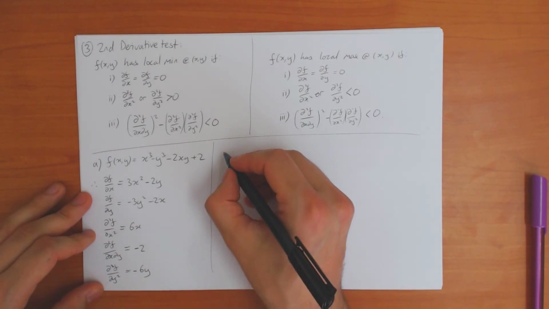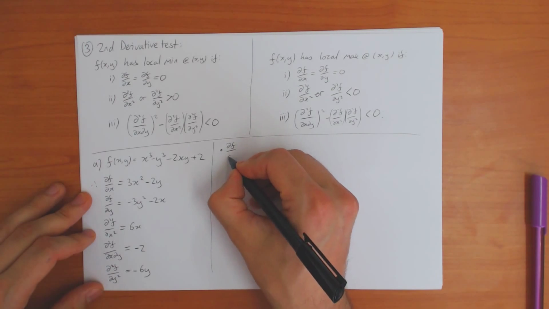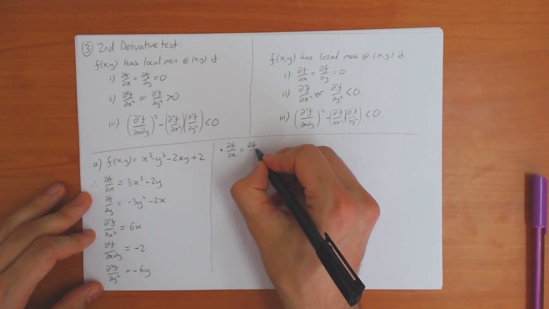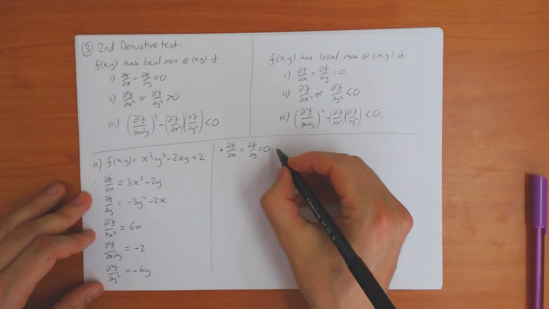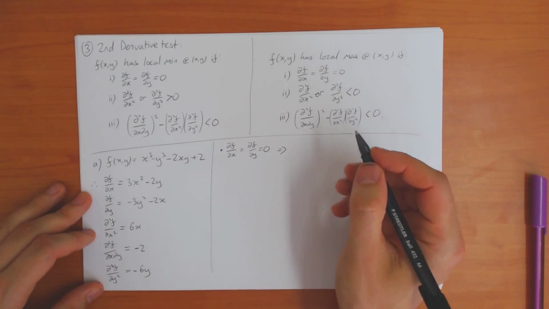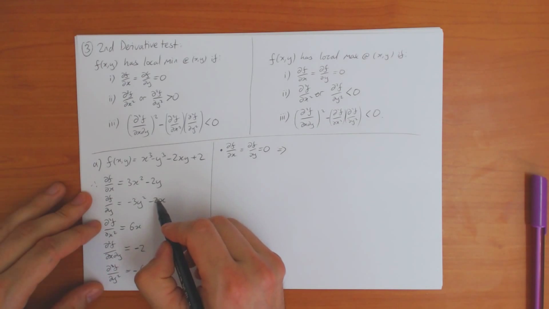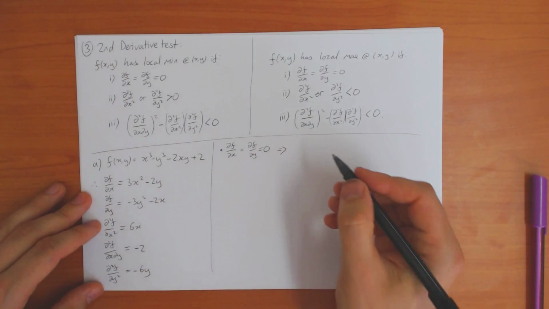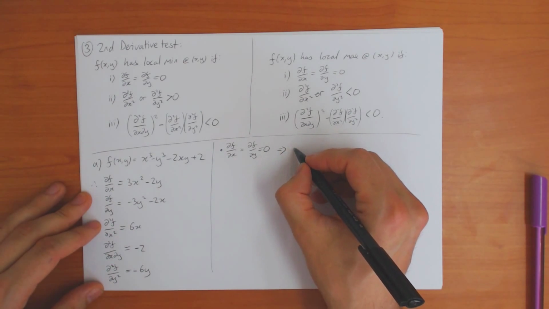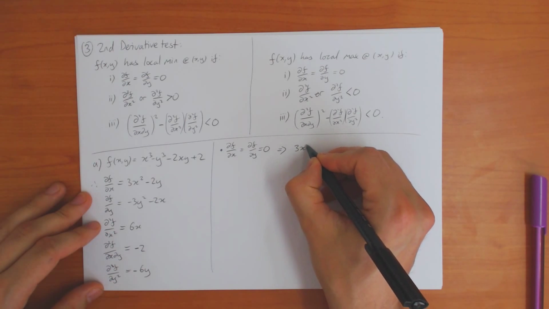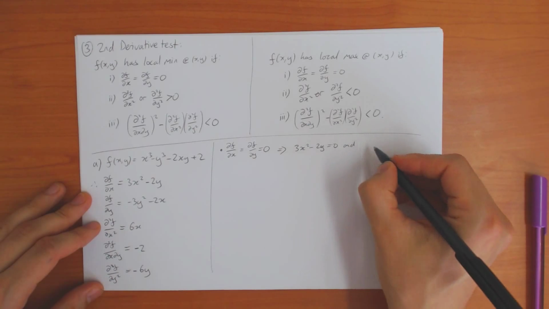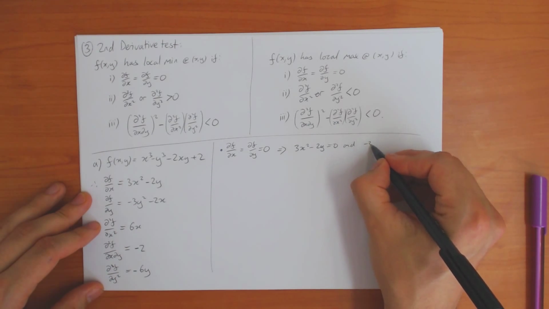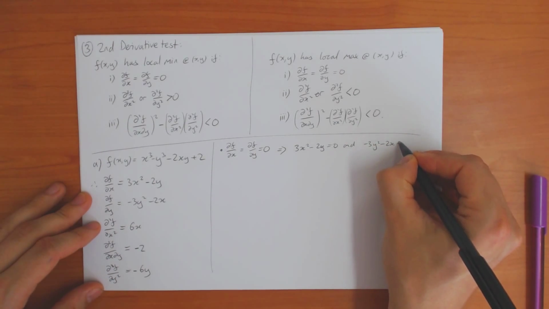Okay, so first thing we need to solve is that df by dx and df by dy are 0. So when is that true? So that means this must be 0 and this must be 0. So 3x squared minus 2y equals 0, and minus 3y squared minus 2x equals 0.